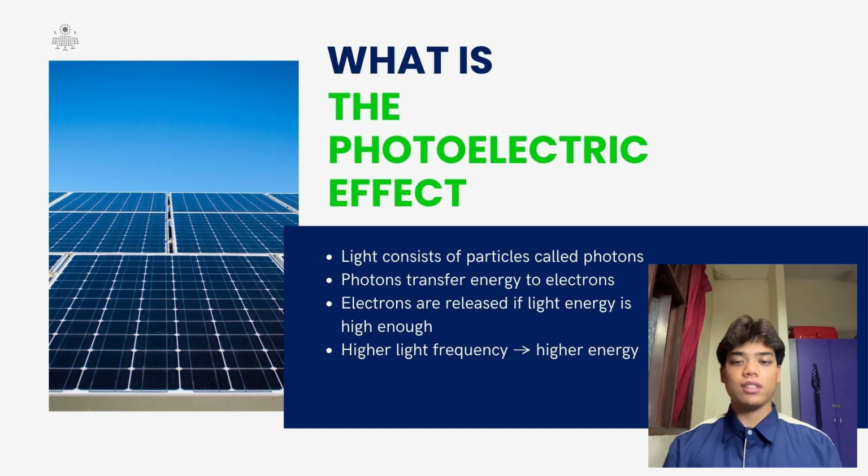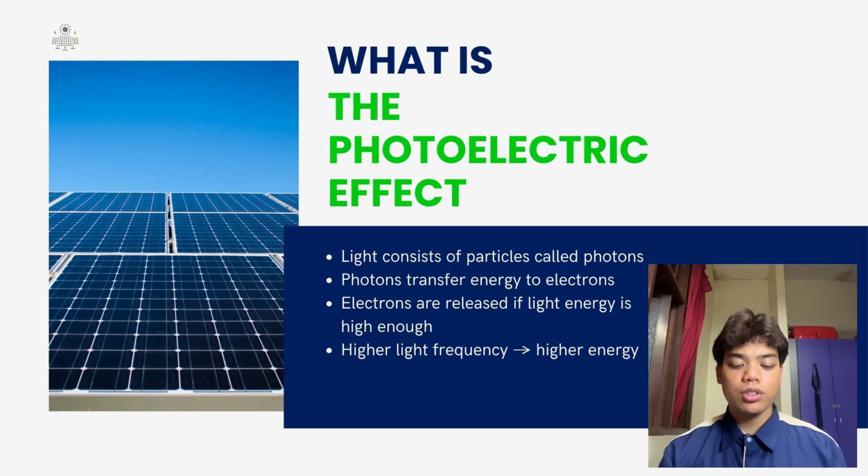The photoelectric effect is a phenomenon in which light rays, also known as the sun, usually strike the metal surface and emit some electrons towards the surroundings. Light consists of particles called photons, as I've said earlier, and usually photons transfer energy to electrons so that they can be emitted out of the metal surface.